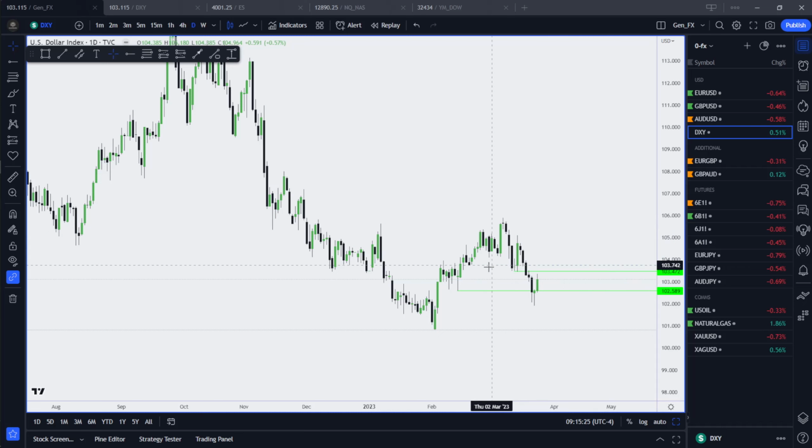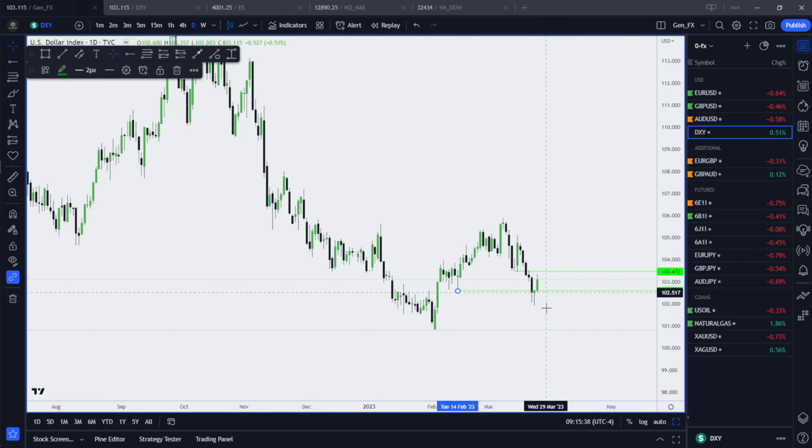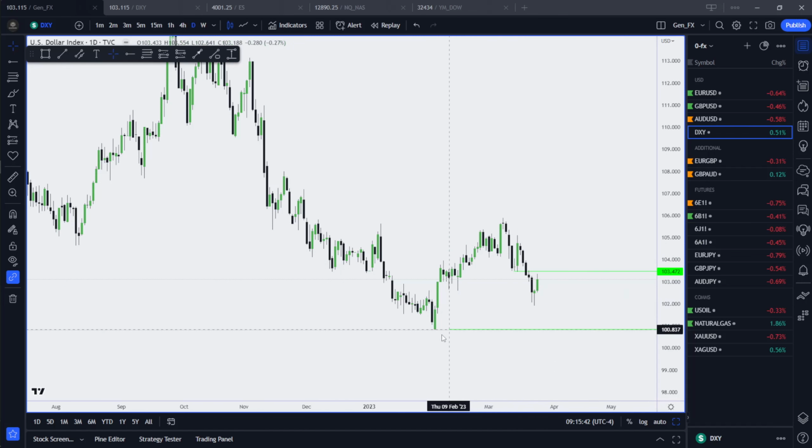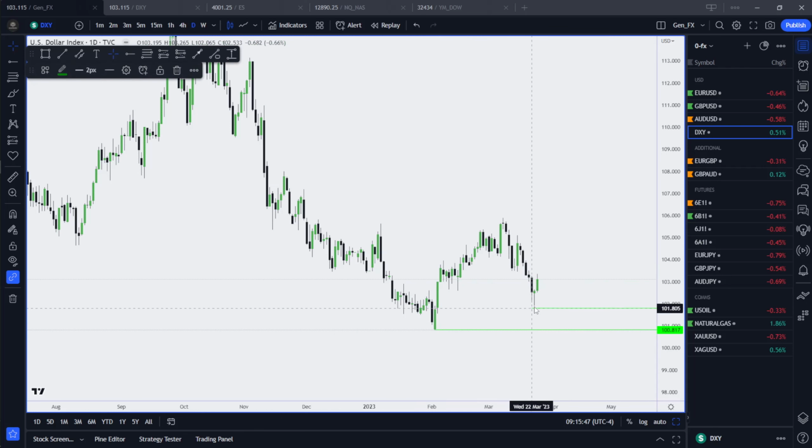Now, last week, if you go back to the 20th of March video, you will see that our targets were this green candle's low and also this low here, and we got that beautifully. So to keep it simple, basically, I'm looking for more downside. There are two areas.